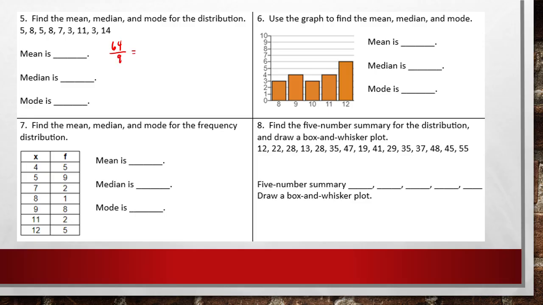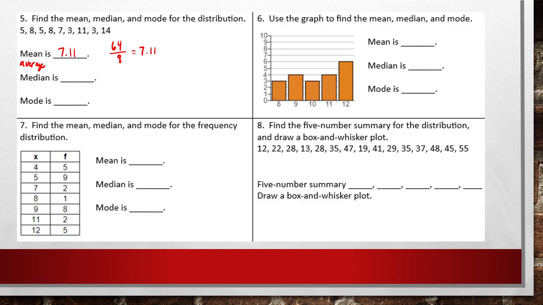So 64 divided by our 9 gives us 7.11. If you get more decimal places, just round to 2 places. If it ends, put what it ends at. But if you get lots of decimal places, then just round to 2 decimal places. So remember, mean means average.